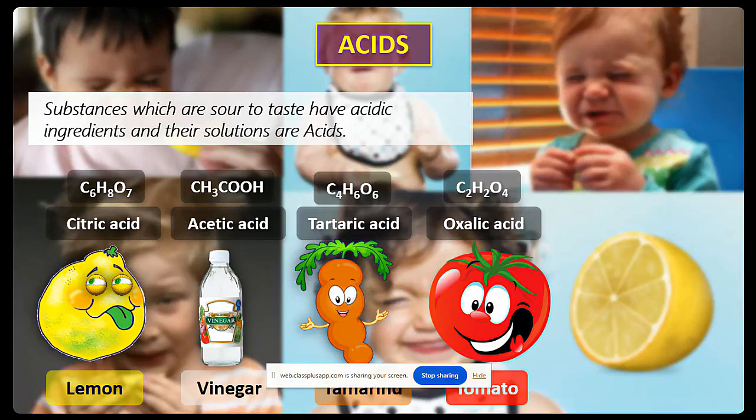These are a few examples which are sources of organic acids. Curd is also an organic acid source, which contains lactic acid. Curd, grapes, amla, orange, etc. all come under organic acid sources.